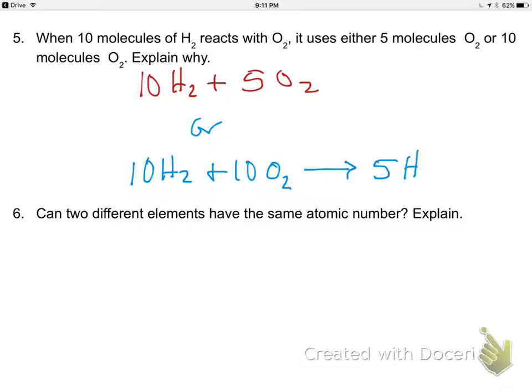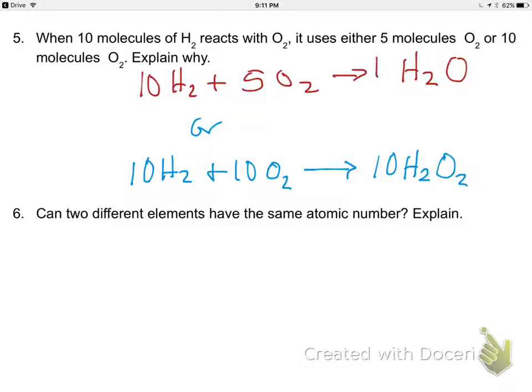So in this particular example, if we had 10 oxygens, 10 hydrogens like this, it would make 10 of them. It would produce 10 hydrogen peroxides. Or if we had a 10 to 5 ratio, it would of course be making water, because there's 2 hydrogens for every 1 oxygen.